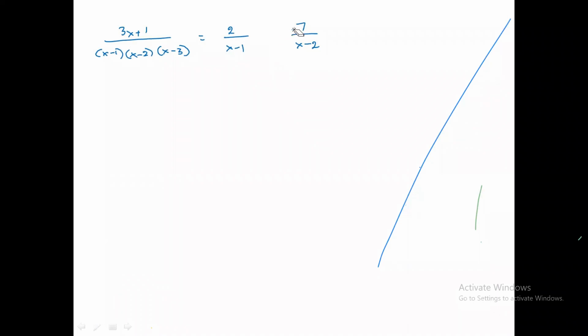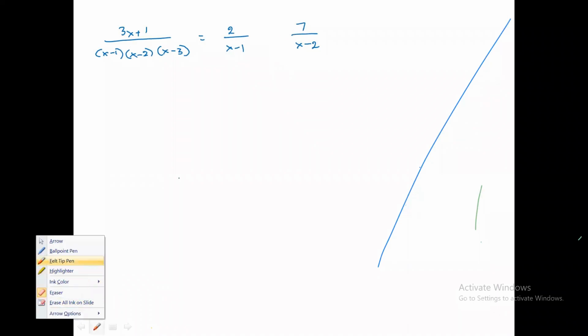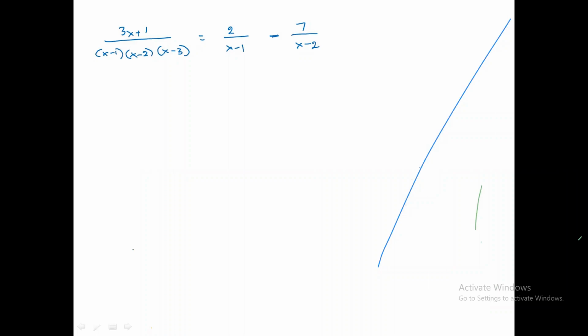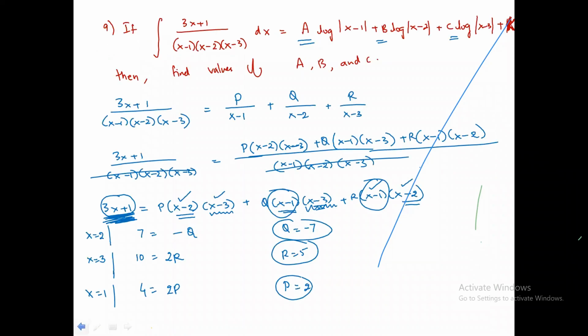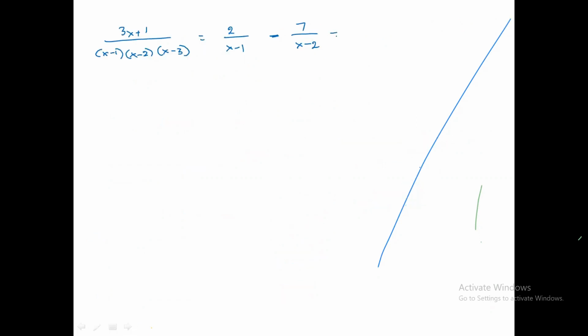Or instead of writing plus minus, I can bring the minus here. Minus 7 by x minus 2. Then R, 5 by x minus 3.